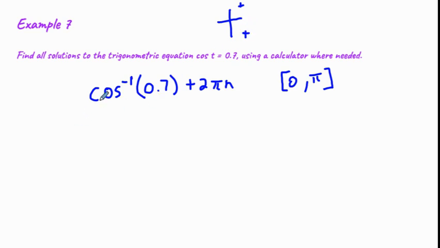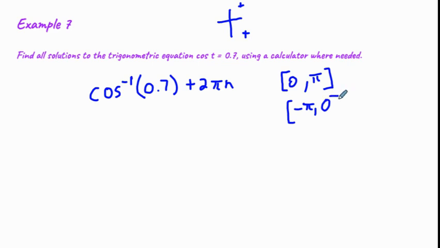So the other thing we need to consider is that when we're talking about the domain going from 0 to pi, the other part of it would be from negative pi to 0, I should say. So we're talking about it being a negative solution. We're not talking about it being positive still. So negative pi to 0.